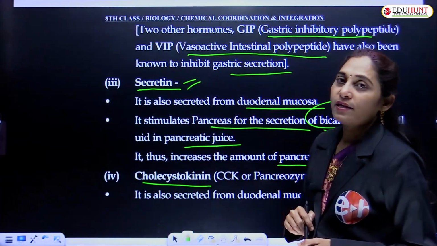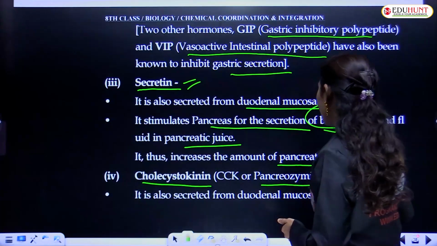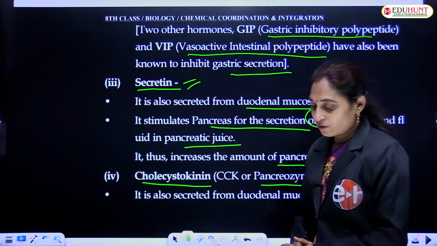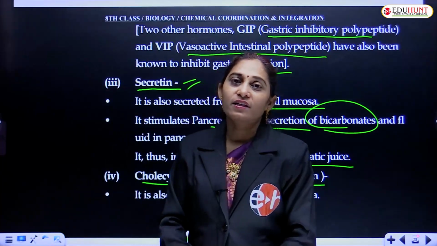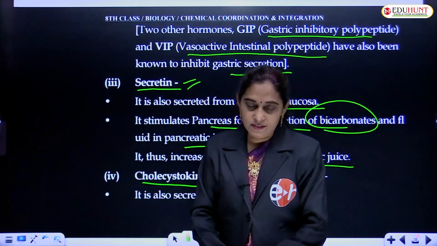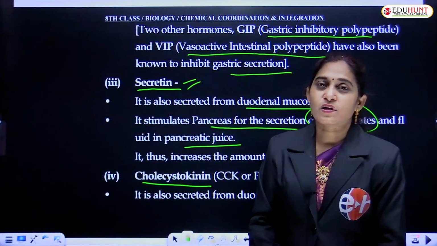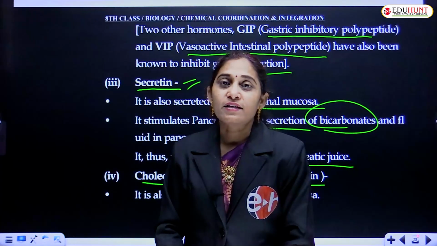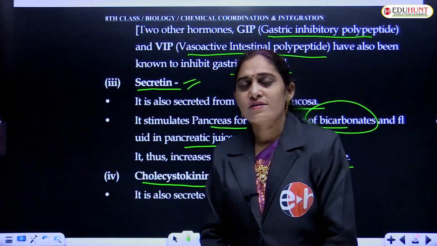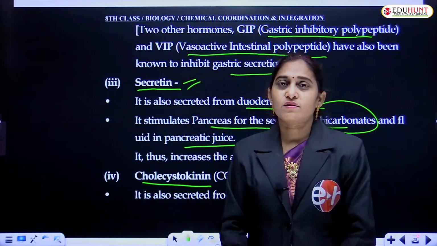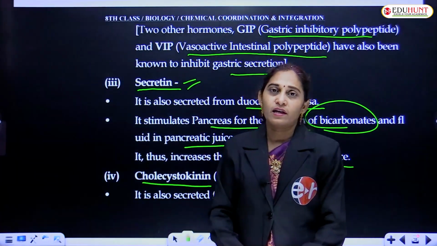Cholecystokinin, CCK or pancreozymin. What is the difference between a hormone and an enzyme? Hormones are secreted by endocrine glands, and enzymes are secreted by glands, but they are not endocrine glands.